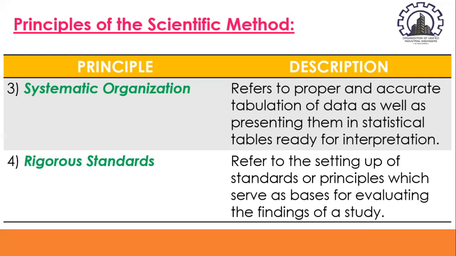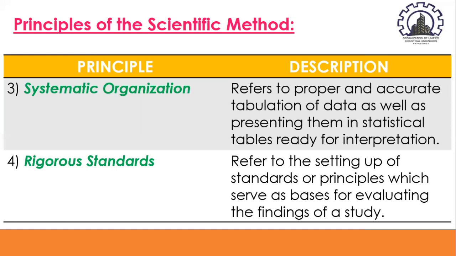And lastly, the fourth principle is what we call rigorous standard. So this principle refers to the setting up of standards or principles which serve as basis for evaluating the findings of a study. Such standards should not be changed to suit the expectations of the researcher.